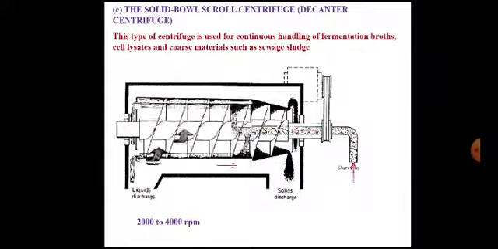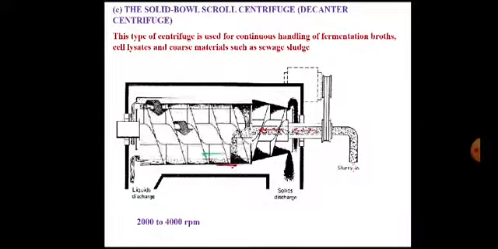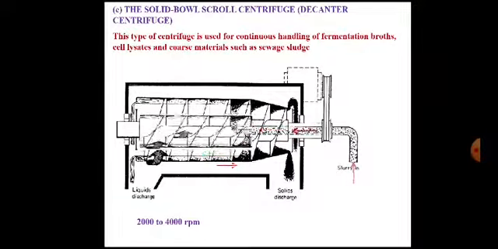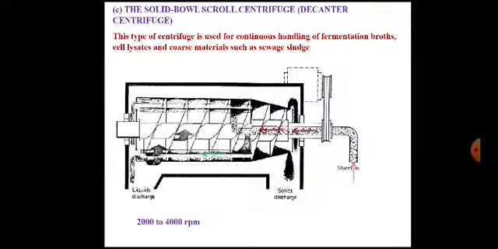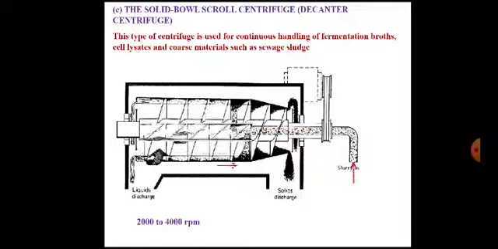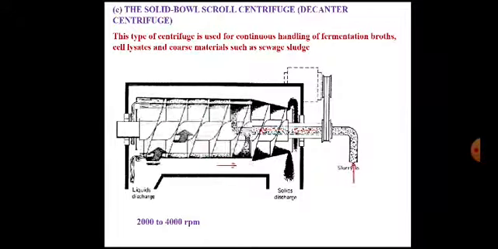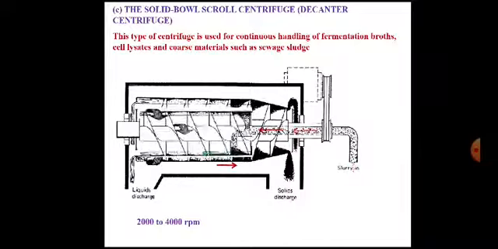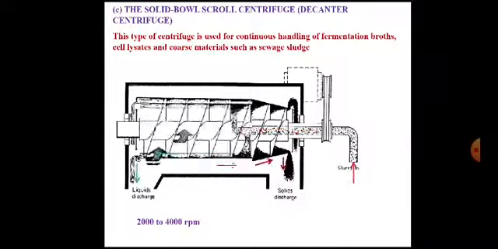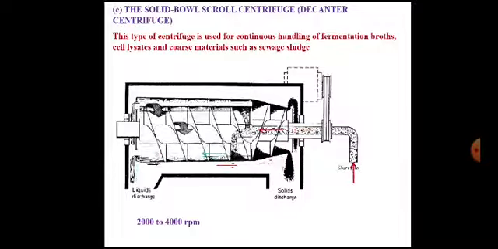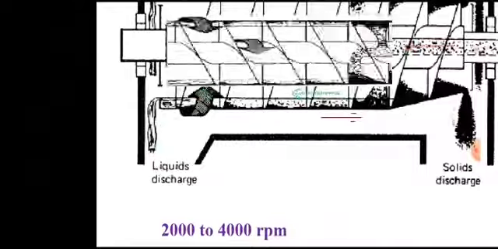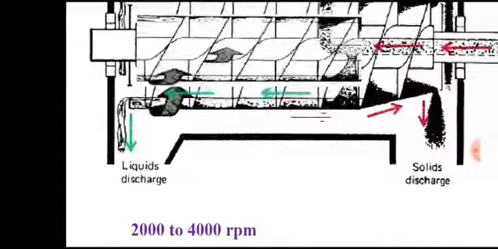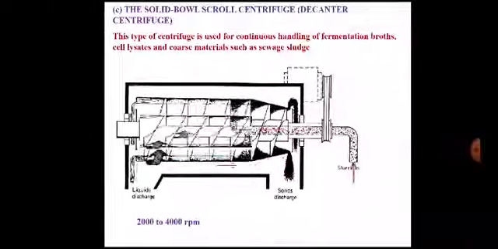The liquid will run in that direction, and the solids will run in the opposite direction, shown by a red arrow and black colored solids. They will run towards the conical end of this rotor, and solids will be discharged from this end, and liquid will be discharged from this end, indicated by the green arrow.